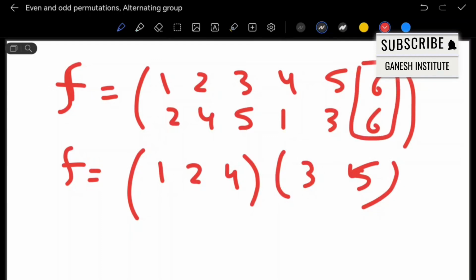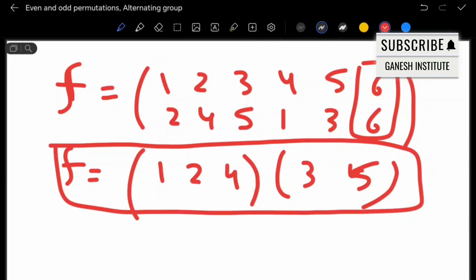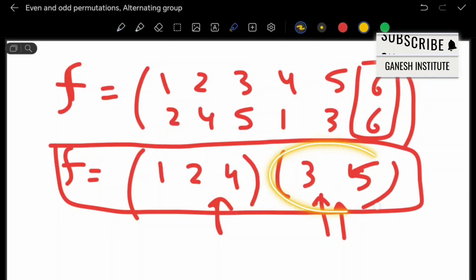I have broken this down into 2 cyclic permutations. The length of one is 3 and the other is of length 2, correct? Now, can I break it further into transpositions only? I explained that a transposition means a cyclic permutation of length 2, just like this. This is a transposition, but this is not.